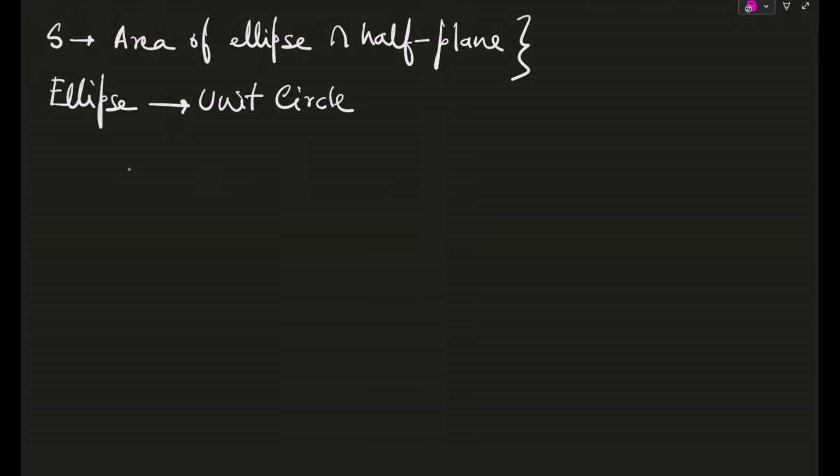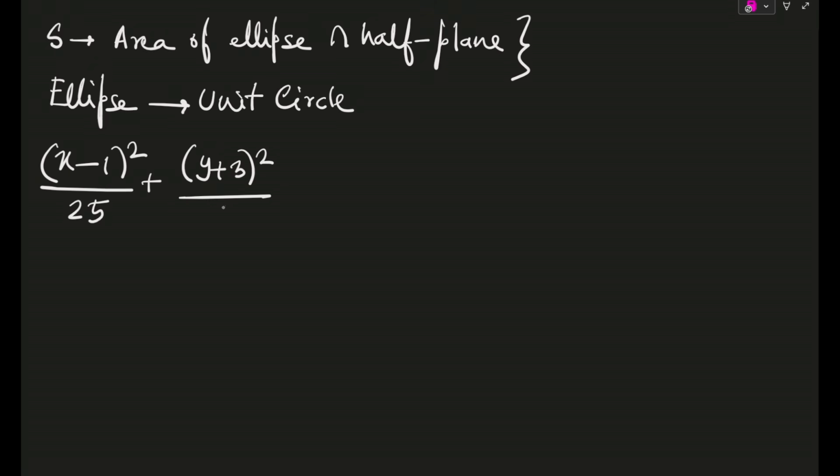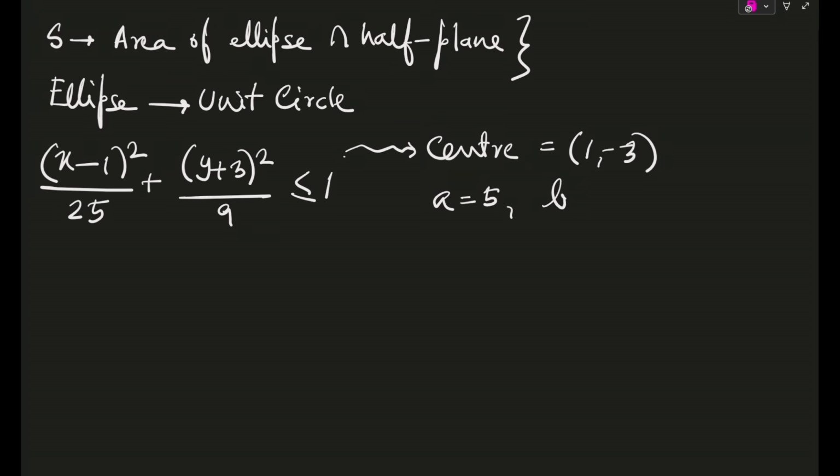So, basically, if we write the equation of the ellipse, then it is (x minus 1) whole square by 25 plus (y plus 3) whole square by 9 is less than or equal to 1. So, the ellipse has a center of (1, minus 3), semi major axis 5 and semi minor axis 3, right?